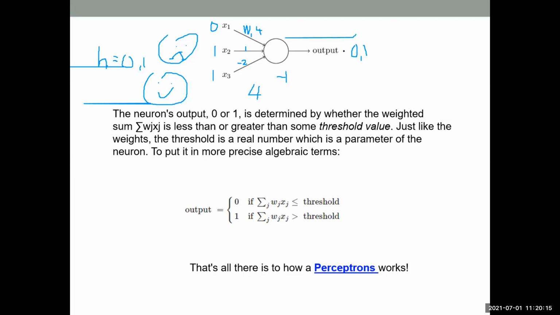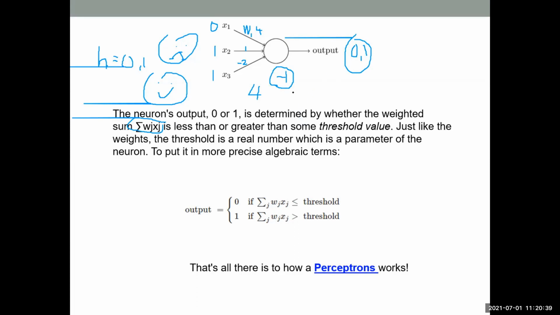And then we want to know what the output is going to be. The output, 0 or 1, is determined by whether this sum, which is what we just did, and we just got -1, is greater than or less than some threshold value.